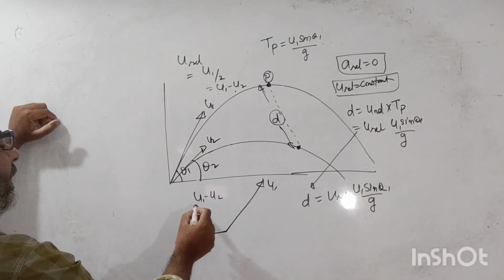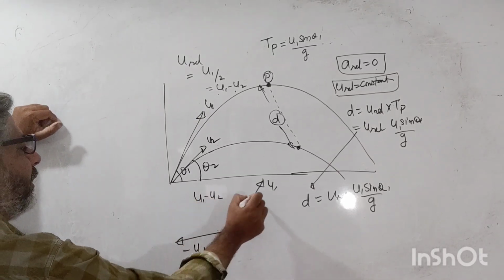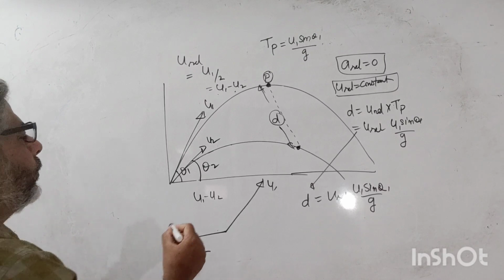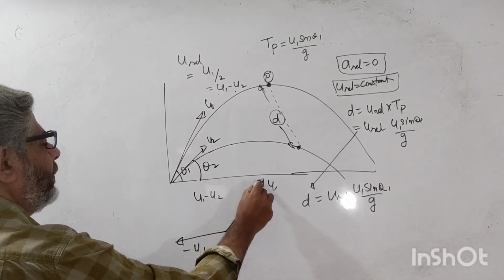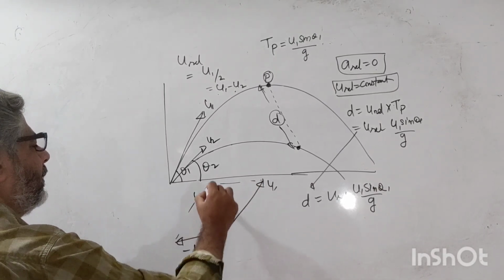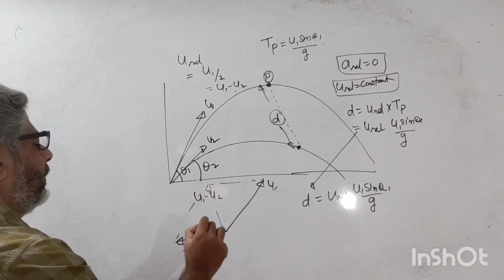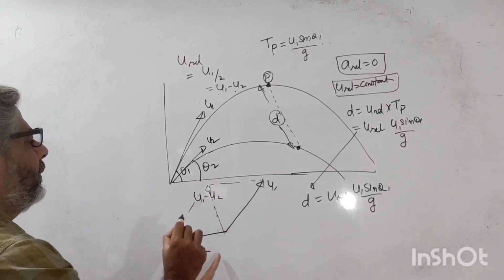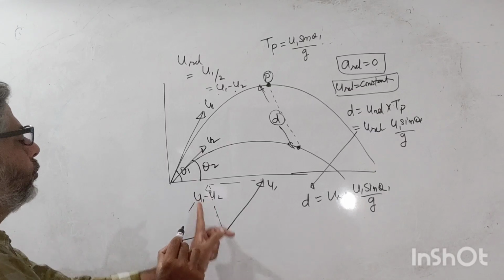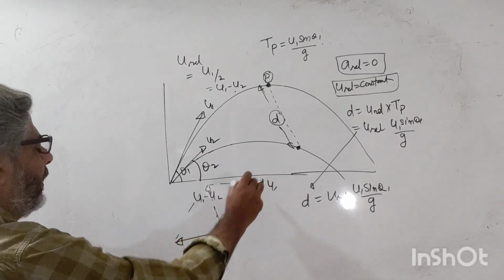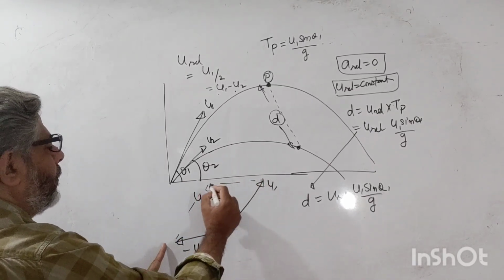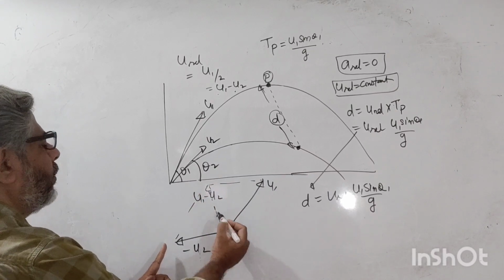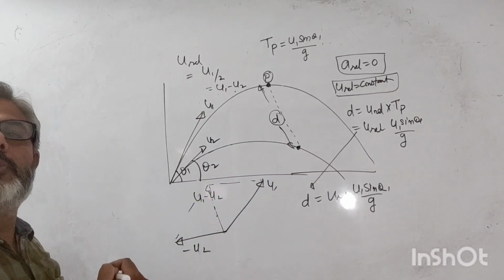So u1 minus u2, if you treat them as vectors, would be nothing but, when you complete this parallelogram and apply the parallelogram rule, this is u1 minus u2.